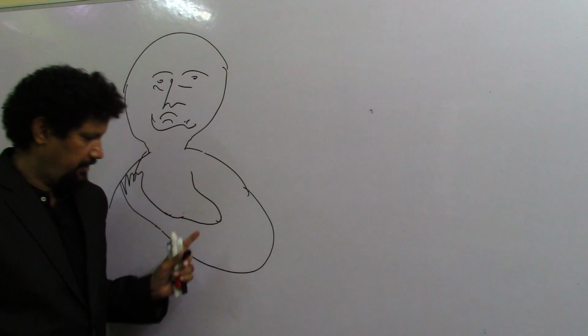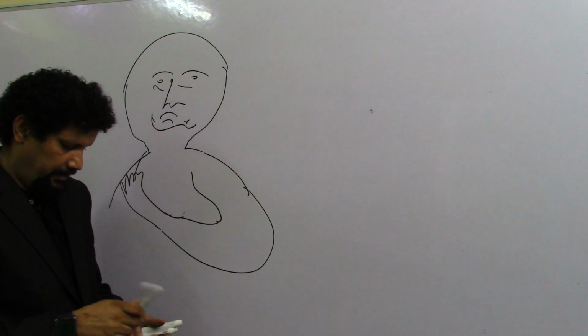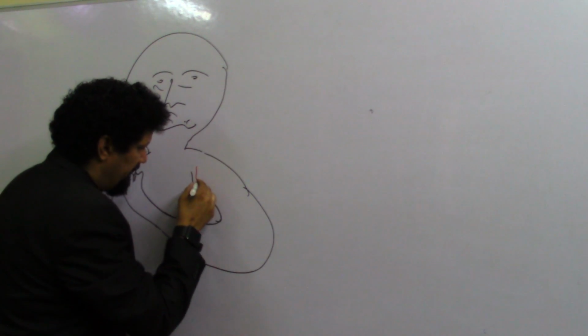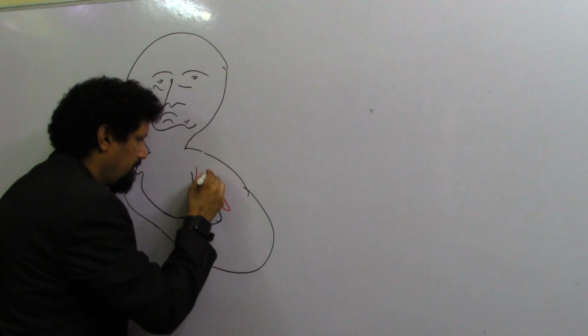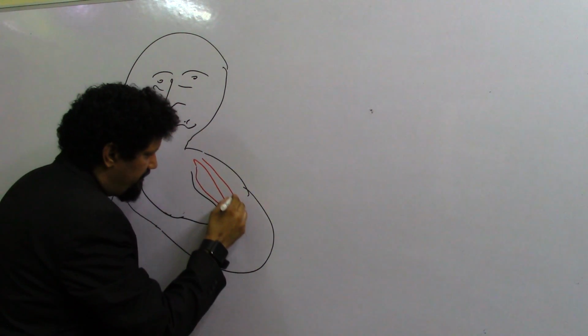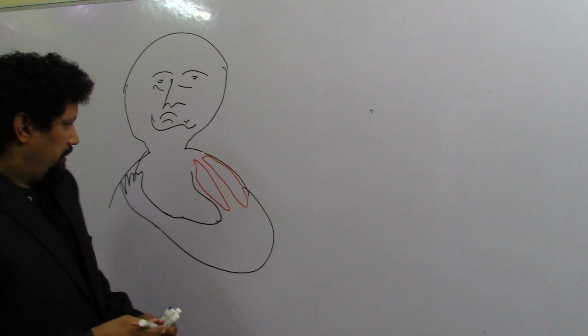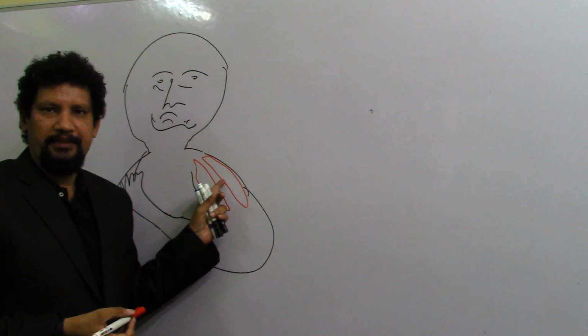This is the arm, here is the forearm. It is having the powerful flexor muscle known as biceps and powerful extensor muscle known as triceps. I will draw a section from this muscle.